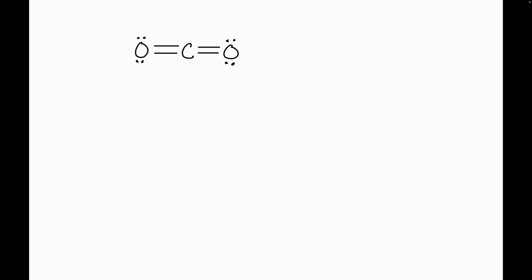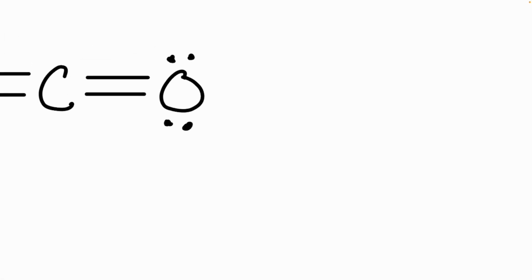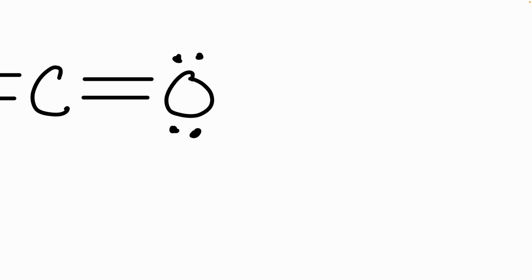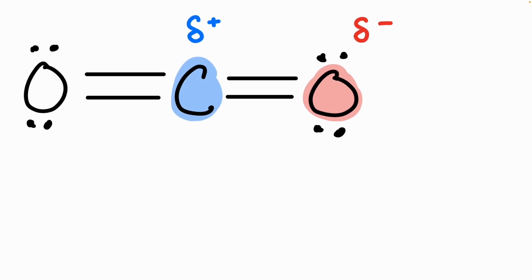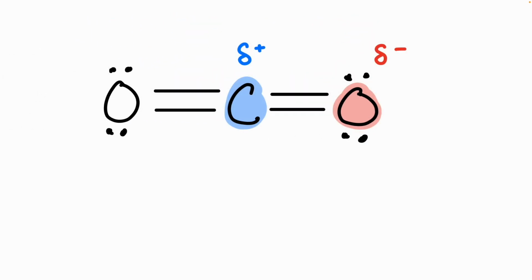And is carbon dioxide composed of polar bonds? Yeah, we talked about how if I look at each one of these bonds individually, I'd say oxygen is more electronegative, so it's got this partial negative charge, and carbon's less electronegative, so it has a partial positive charge. And then I would say the exact same thing on this side.